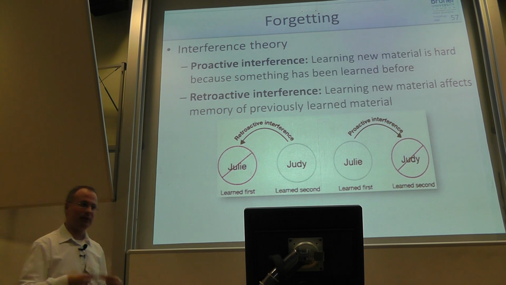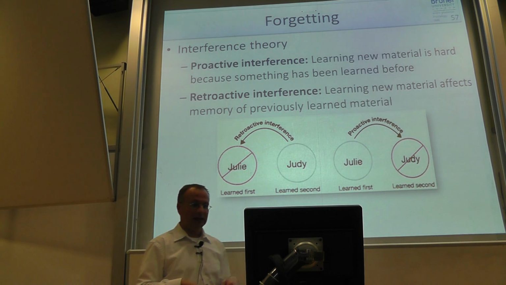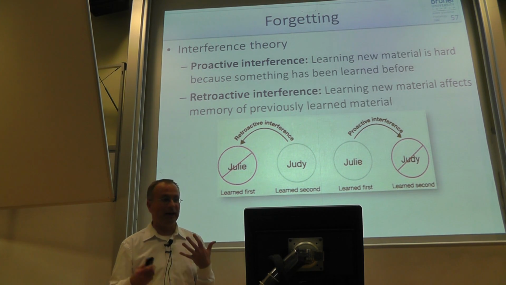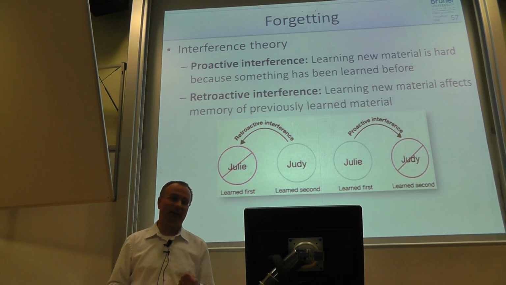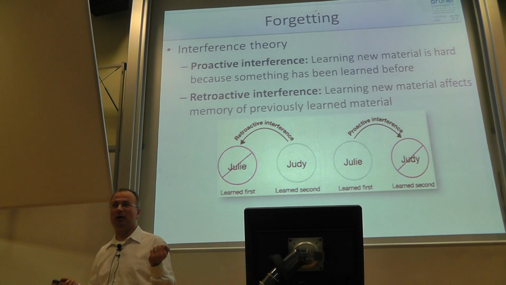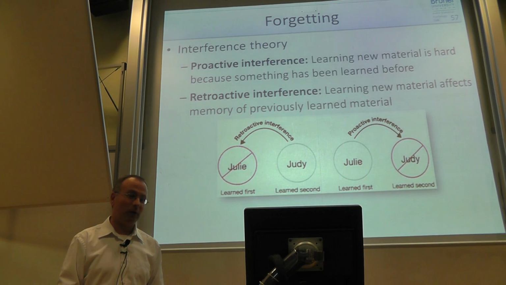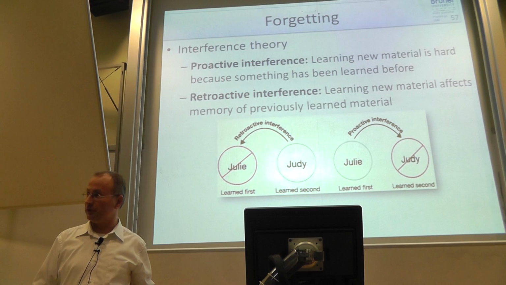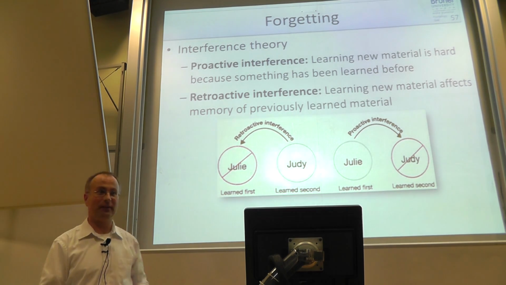Retroactive interference is the other way around. That is, when we learn something, this actually affects our memory of what we learned before. You have that sometimes in comedy shows or as jokes, where you say, okay, every new bit of information coming in throws out an old bit. It's a little bit that way.